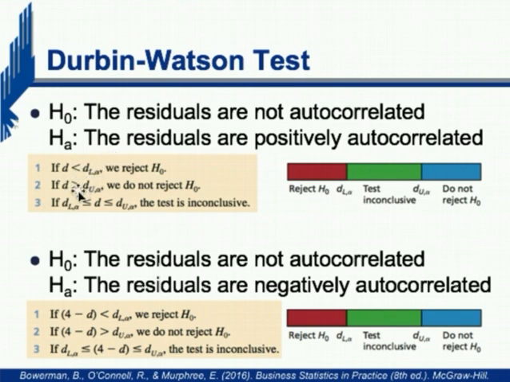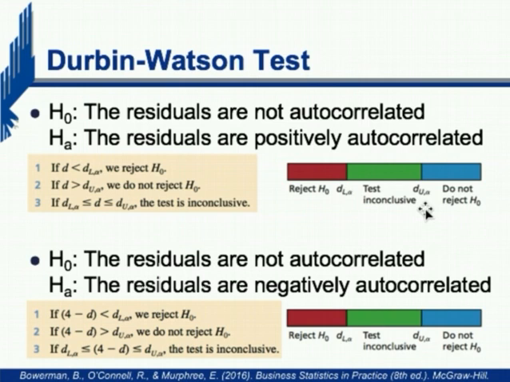The values are D sub L alpha and D sub U alpha, and these are critical values that we can obtain from the Durbin-Watson table. It's in the appendix of the Business Statistics Practice textbook. These values can be determined based on two values.